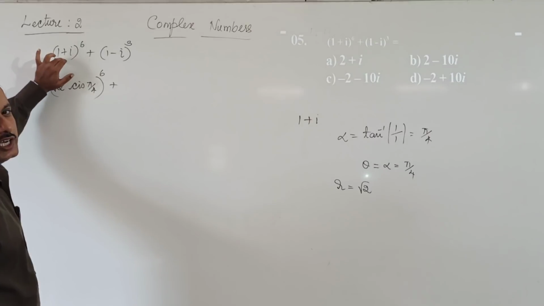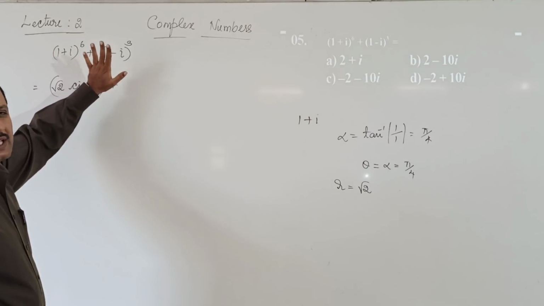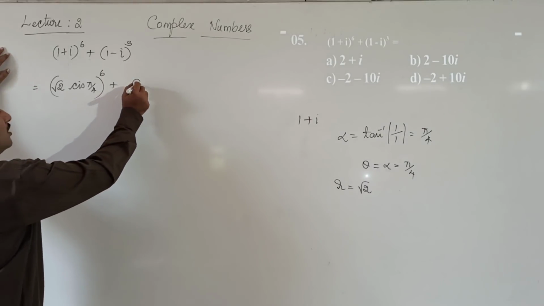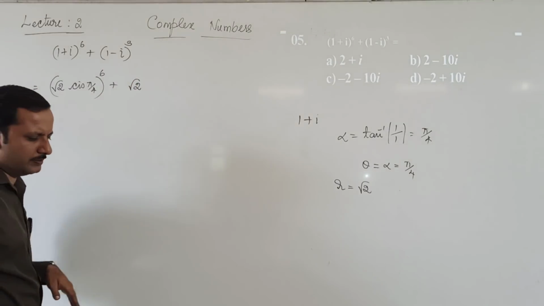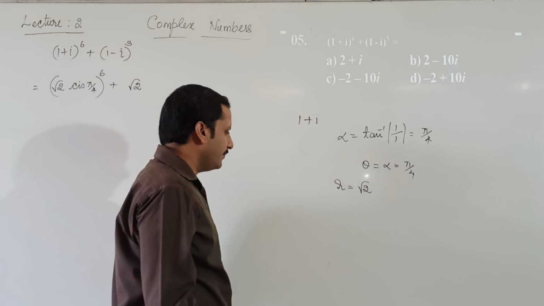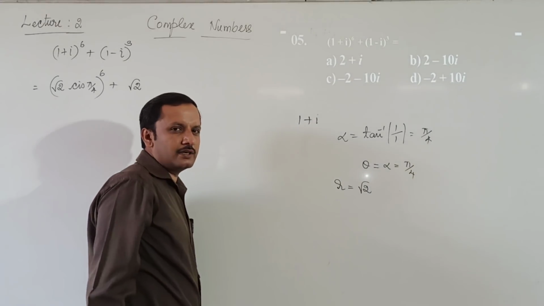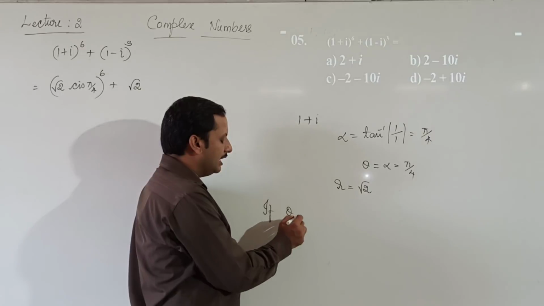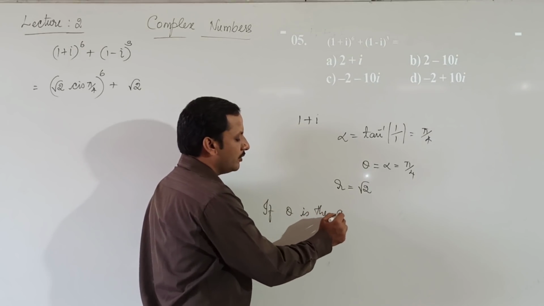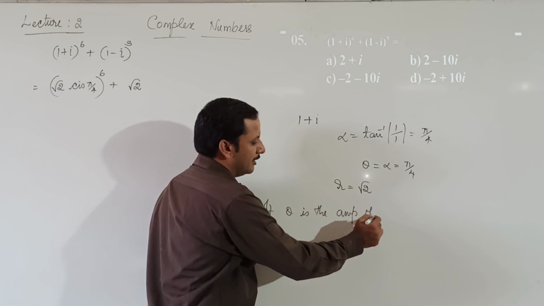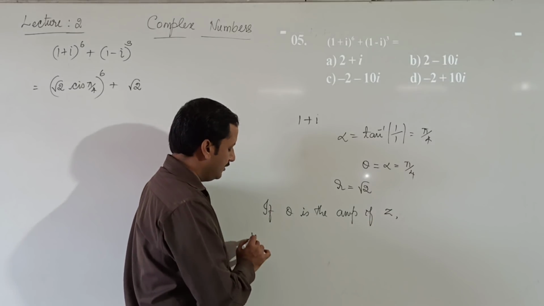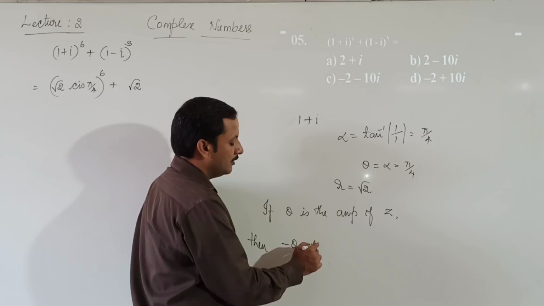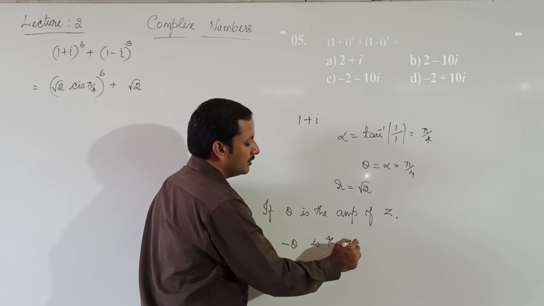which is the conjugate of 1 plus i. 1 minus i is the conjugate of 1 plus i. So modulus will remain the same. And what happens to the amplitude? See, which I forgot to mention in the last class. If theta is the amplitude of z, then minus theta will be the amplitude of z bar.